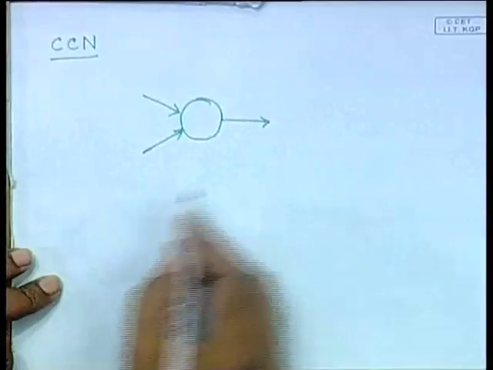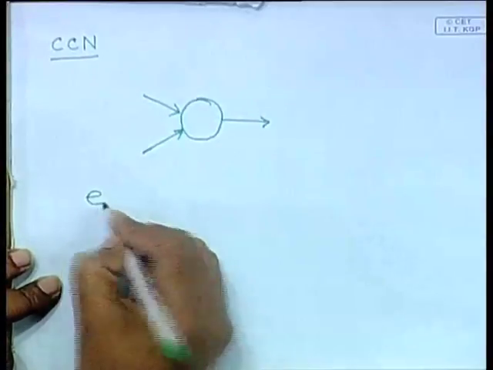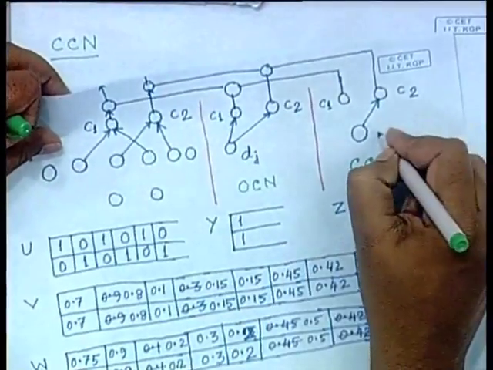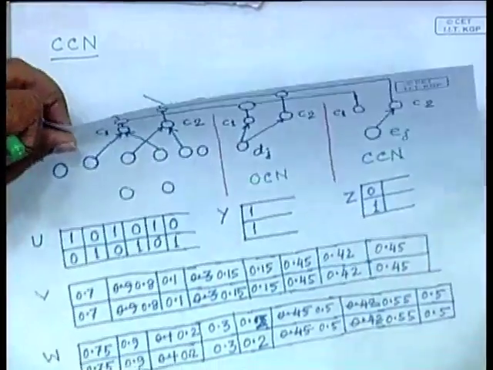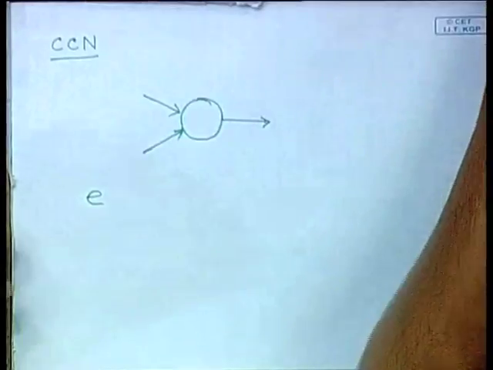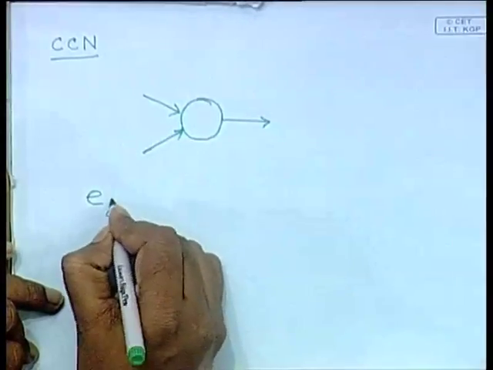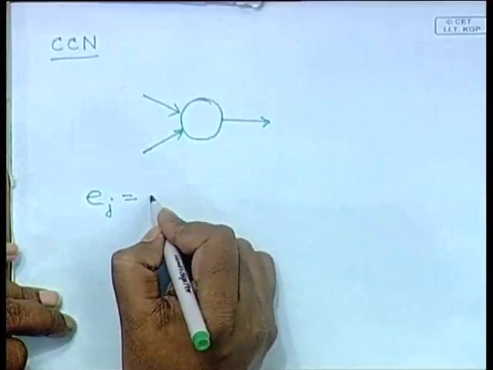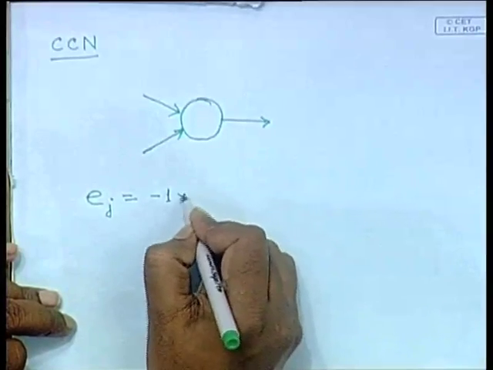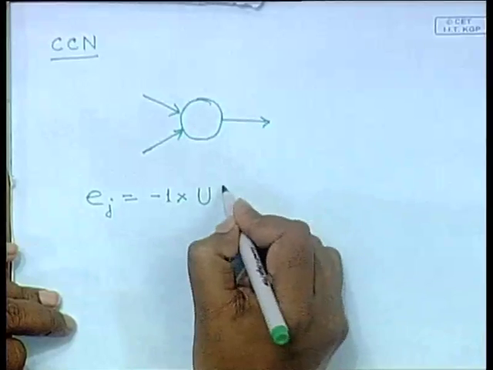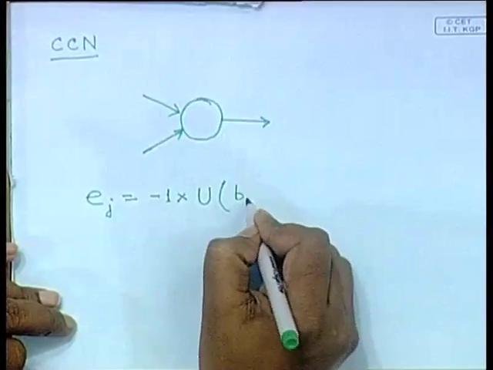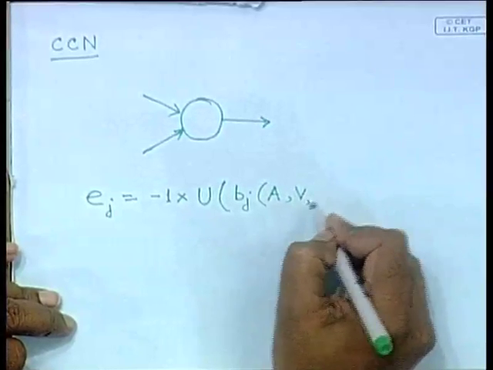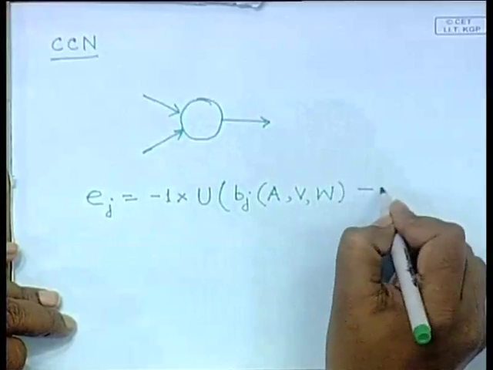And if I call this neuron E j, the output of E j I can put like this: minus 1 into U of B j A V W minus 1.